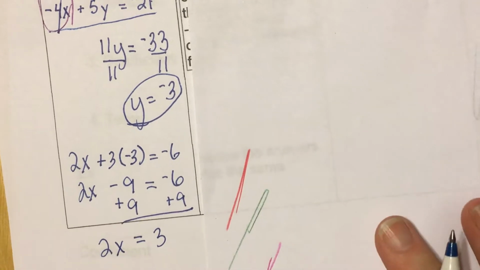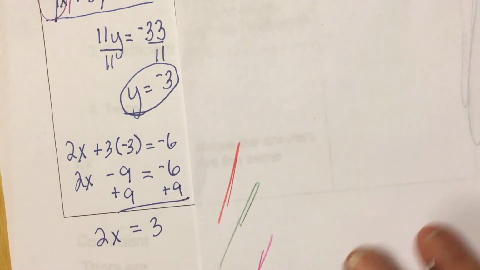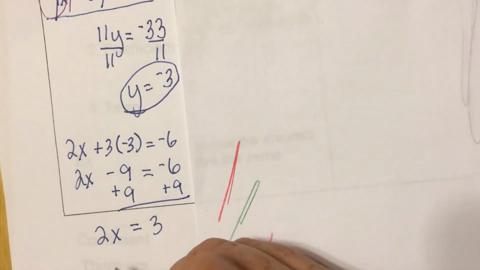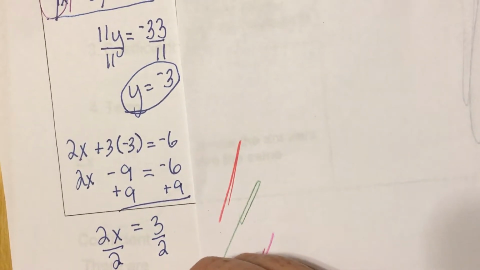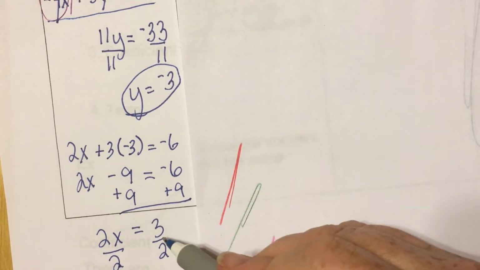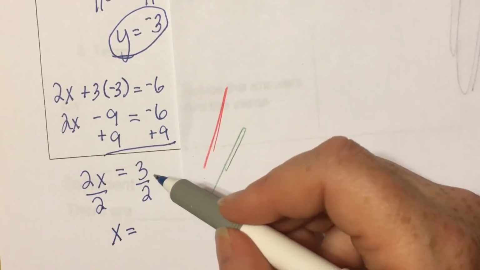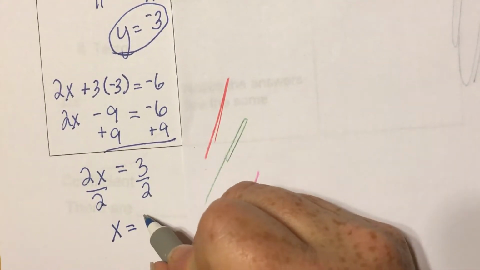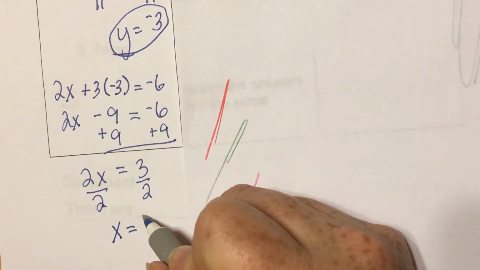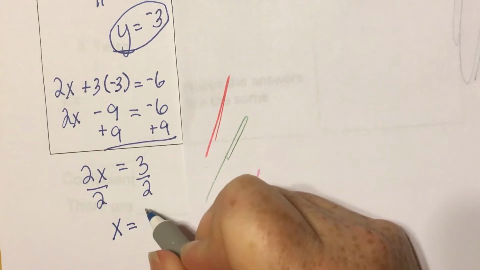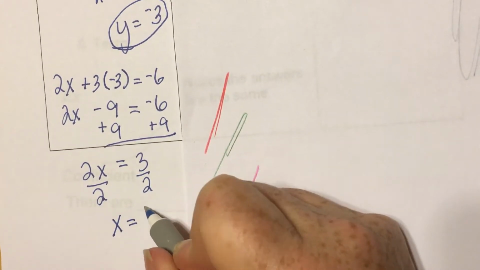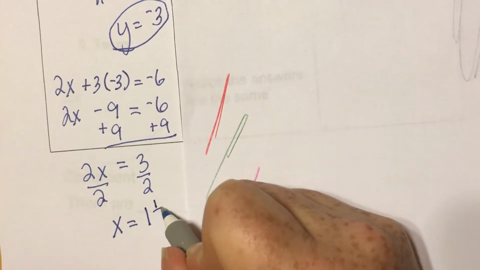Okay? Now, this one doesn't come out as nice as I had hoped it would, but it's just the way it is. Sometimes when you're into the math, the answers don't come out nice. So this is x equals 3 over 2, which we can leave as 3 over 2, which is typically what most of your math teachers are going to want. You can turn this one into a decimal because 2 goes in one time with 1 left over.